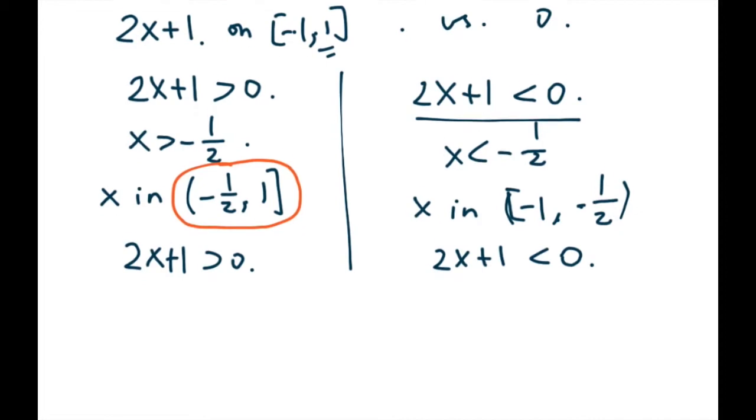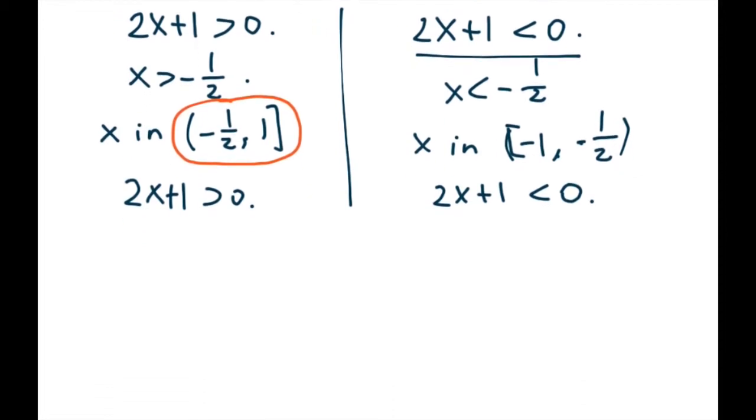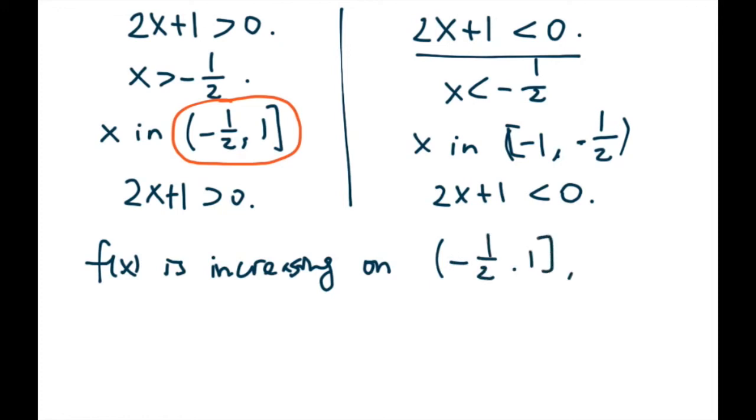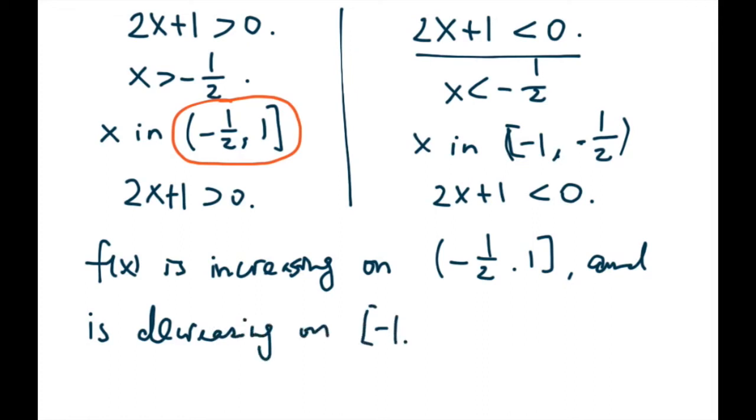So that means this function f of x is increasing on the interval from -1/2 up to 1, and is decreasing on the interval from -1 to -1/2. And this is the third part.